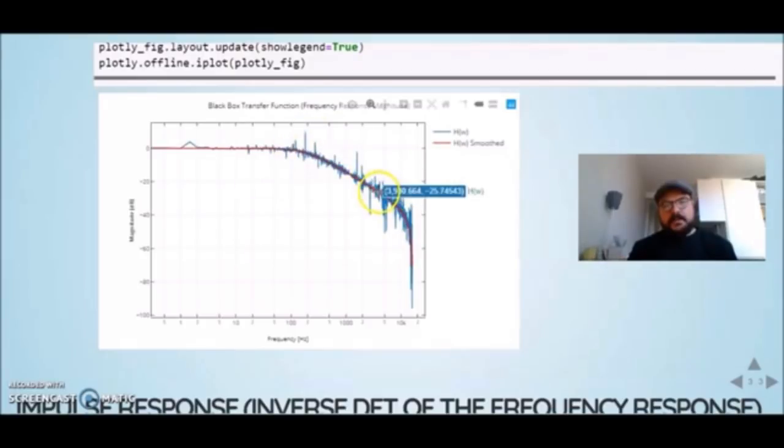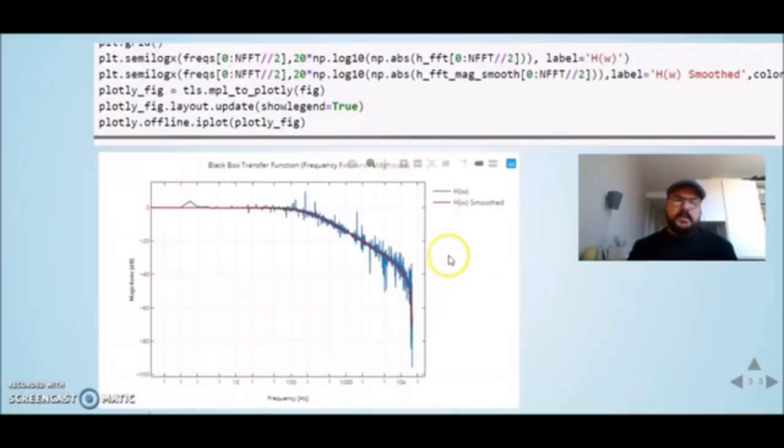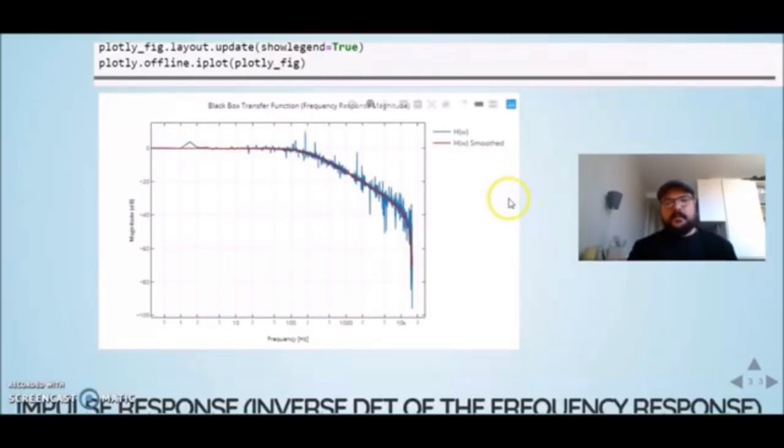Then at 2000 Hertz we have minus 20-something dBs, and this indicates a roll-off of minus 20 dB per decade, which could be a characteristic of a first-order low-pass filter. So just by looking at the frequency response obtained using noise in the transfer function of this black box, we already can see that this could be a low-pass filter.